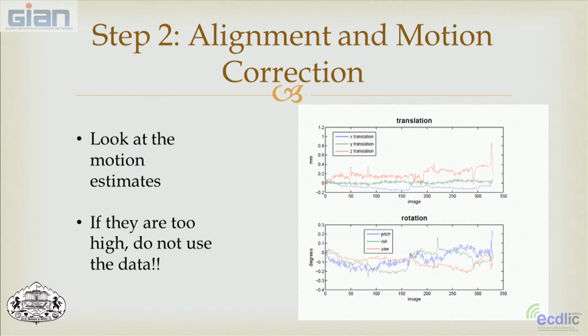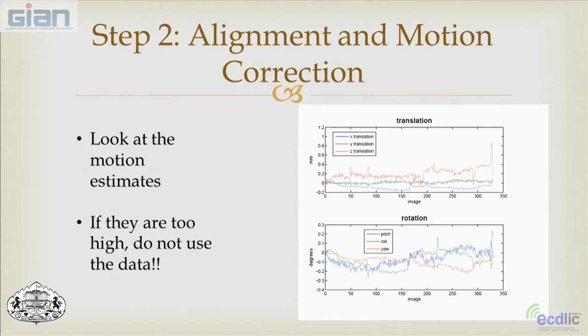The bottom is the rotation. Again, this is also correlated with the translation because a person very rarely moves in just one direction or one rotation at a time. Usually if they move their head, all the directions are affected. Just to give you an idea of the rotation, it has pitch, roll, and yaw.